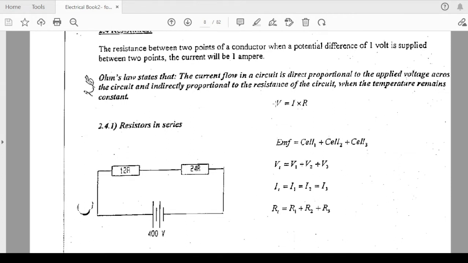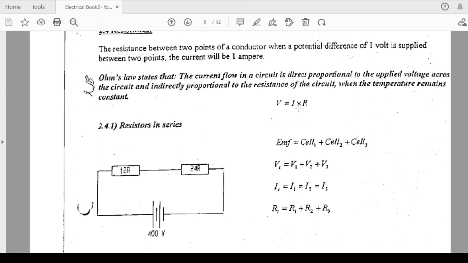Current and voltage are directly proportional as long as the temperature remains constant and as long as the pressure also remains constant. Then current and resistance, they become what? Inversely proportional. Do you remember that? Meaning that when you increase current, what happens to resistance?